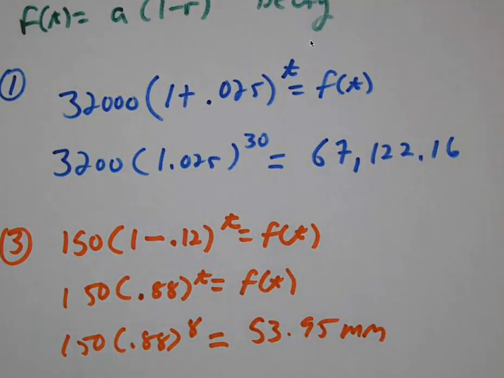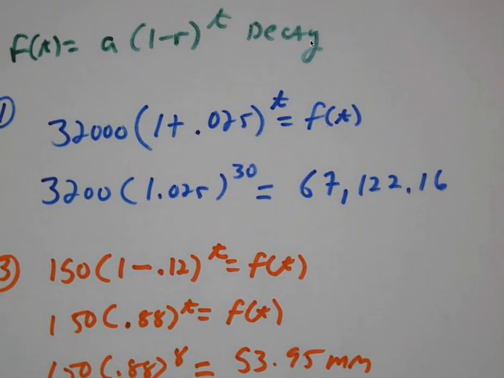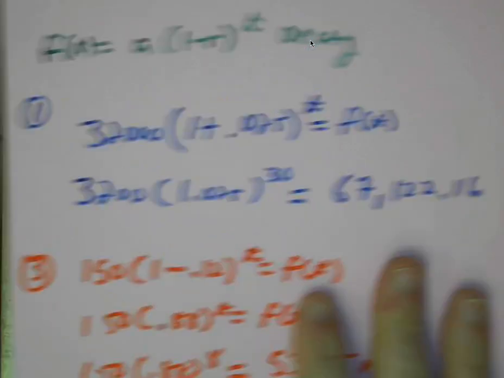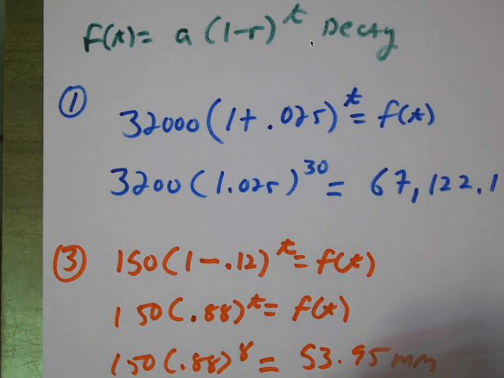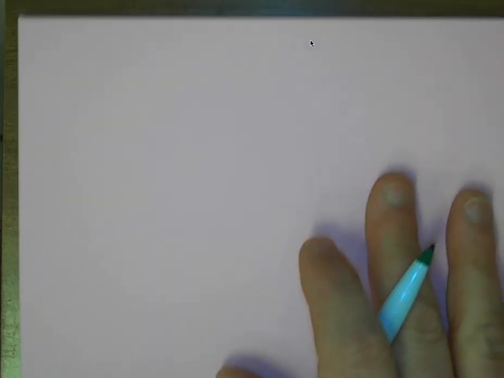All right, that covers that. Let's talk about something else. That's exponential growth and decay. Okay, when we talk about continuous growth, that uses our transcendental number e. Continuous growth means it grows every hour, every minute of the day, and you're going to use what we call the PERT formula.